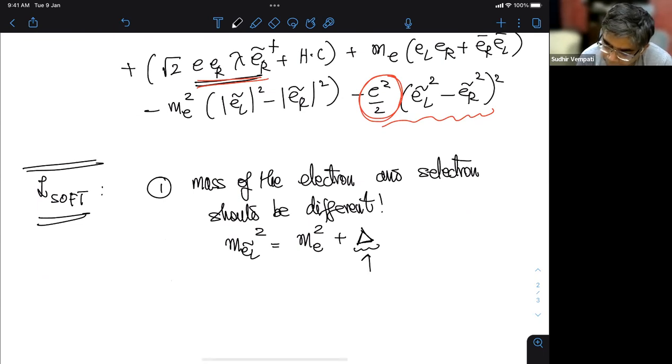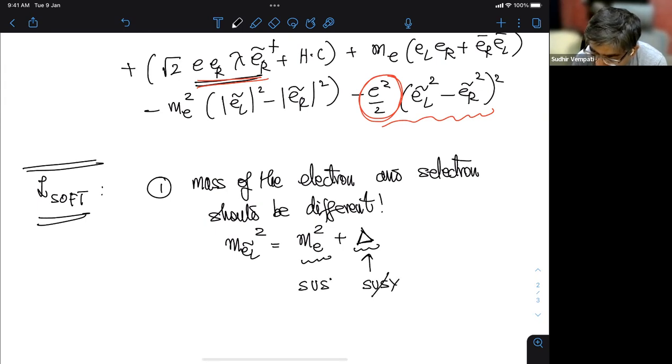So the total soft term, or the total mass of the selectron, the supersymmetric partner of the electron, will contain a SUSY conserving mass, which is nothing but your F squared term, and a SUSY breaking term.